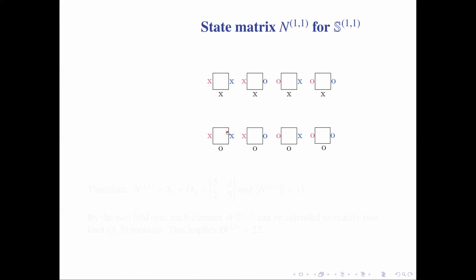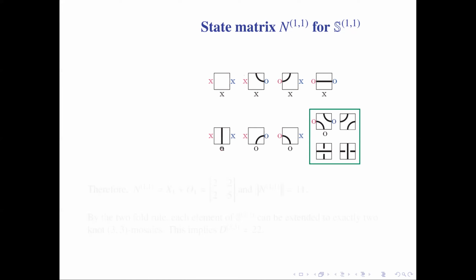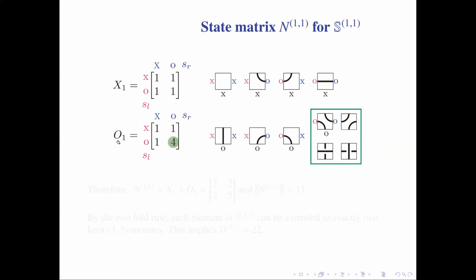Then each tile is automatically determined like this, because the number of connection points of each tile is 0, 2, or 4. Then depending on the bottom state, we split the matrix N_11 into 2 matrices, X_1 and O_1. X_1 is from the bottom state X, O_1 is from the bottom state O.